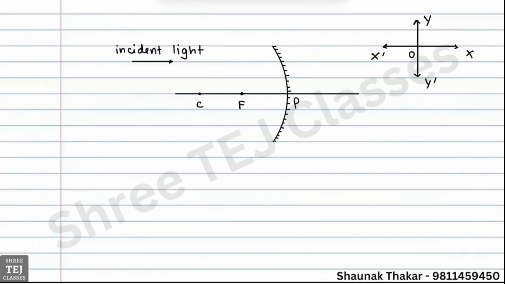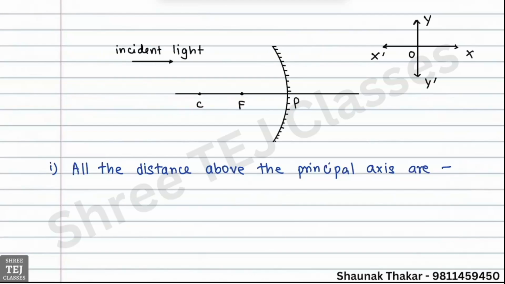So note down, all the distances above the principal axis are positive. And what will be the corresponding statement?